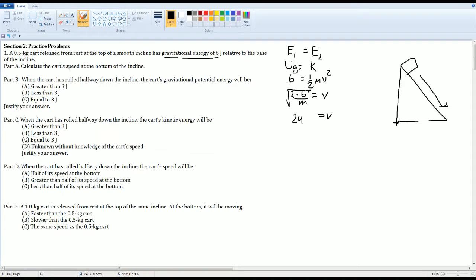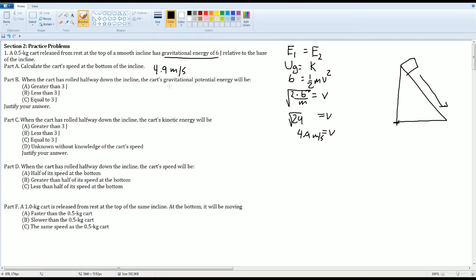So gravitational energy 6, multiply that by 2, divide that by its mass. Yep, 24. I forgot to square root the 24, because the velocity can't be 24. So velocity was equal to 4.9 meters per second.